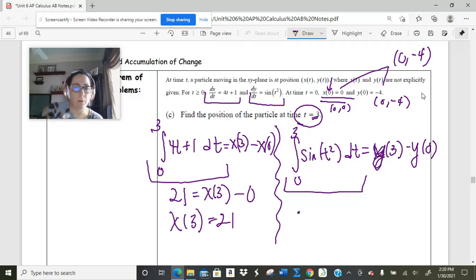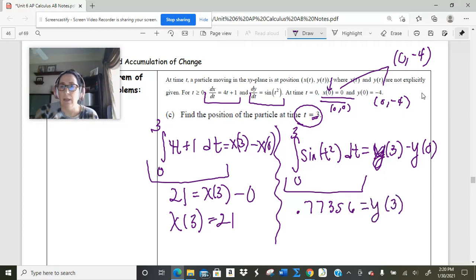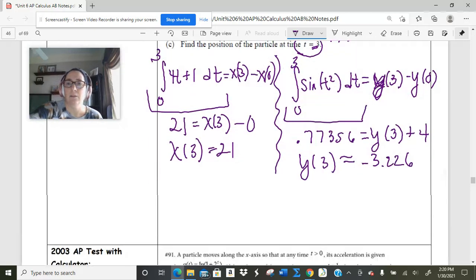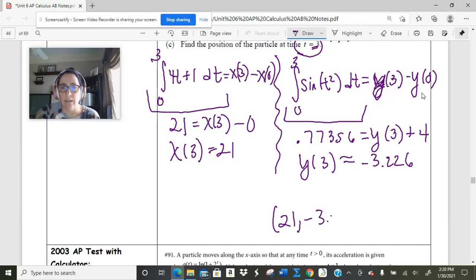And I got out 0.77356. Make sure you get the same thing. And then minus a negative 4 would actually be a plus 4 here. So I subtract that over, and I can see that y of 3 is about negative 3.226. So you could leave it like this, or now you can say, this is where I'm at when t equals 3.